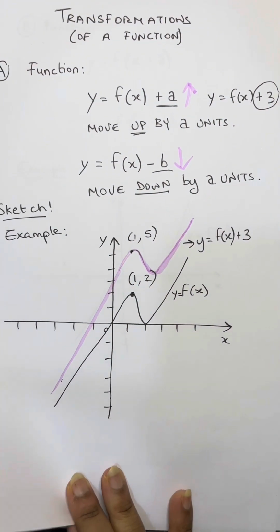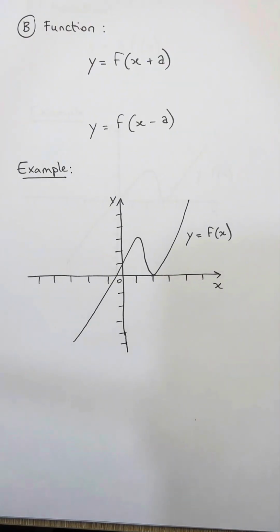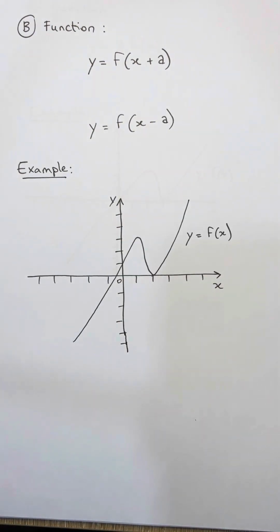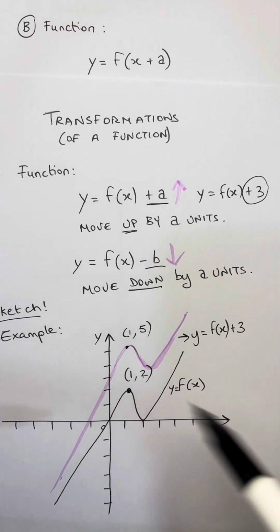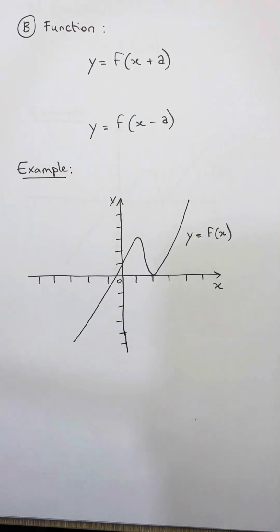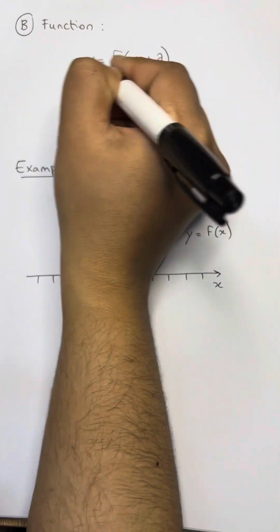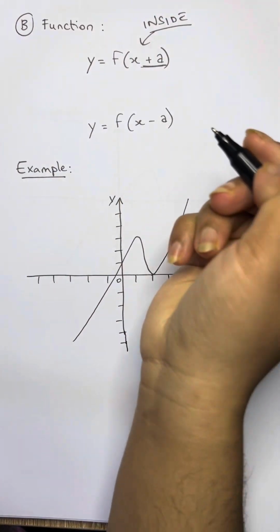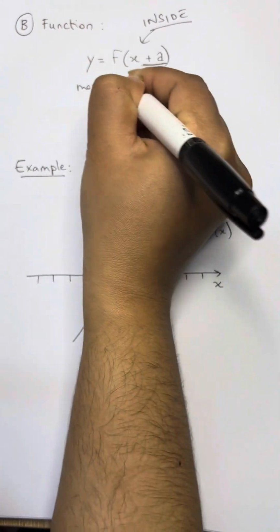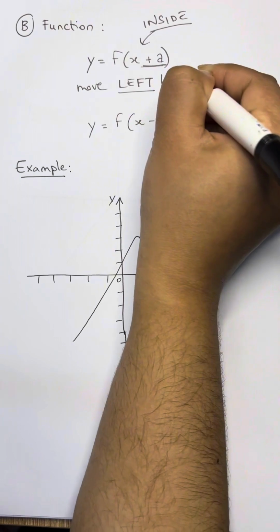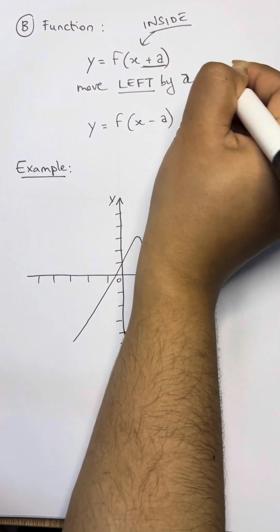Now let's move on to the next kind of example, which is y equals f of x plus a. But be careful, what's different compared to the previous example? The a in the previous example was outside the bracket, but this one is inside the bracket. Inside the bracket, plus a means that you need to move to the left by a units.